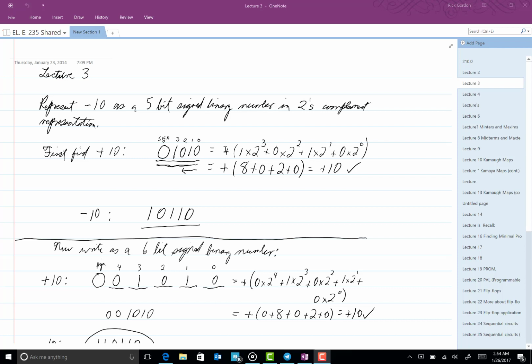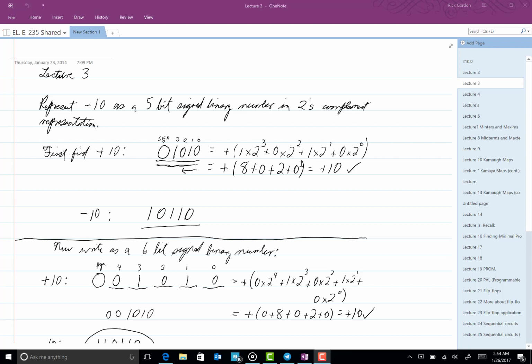The 0 here is represented by this positive sign, and then this is 1 times 2 cubed plus 0 times 2 squared plus 1 times 2 to the first power plus 0 times 2 to the 0th power, and we see that indeed that will turn out to be correct, because this will give us the plus sign, and then we have 8 plus 0 plus 2 plus 0, which is indeed positive 10. So that turns out to be just right.